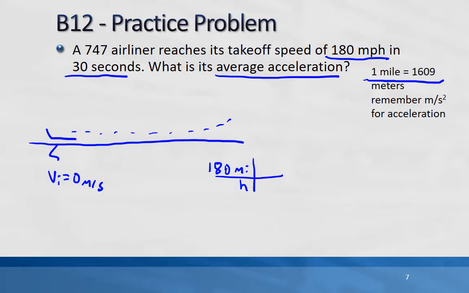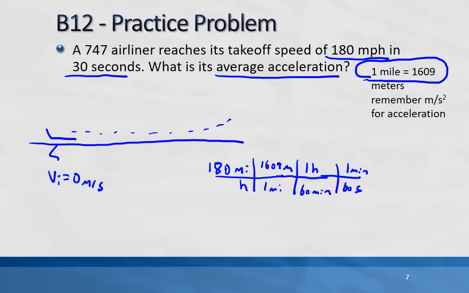Here's our conversion. 1 mile is 1609 meters. 1 hour, 60 minutes. 1 minute, 60 seconds. And we can get our velocity there. Then again, we're looking for acceleration, and we have time as 30 seconds.